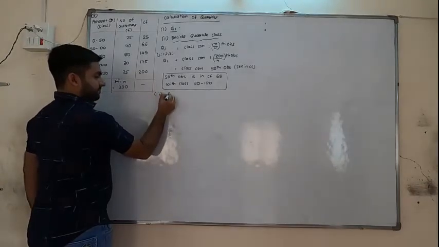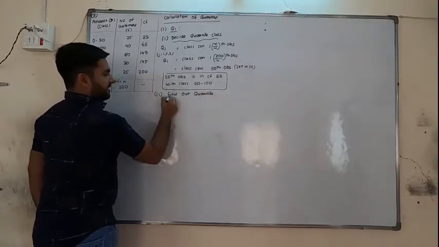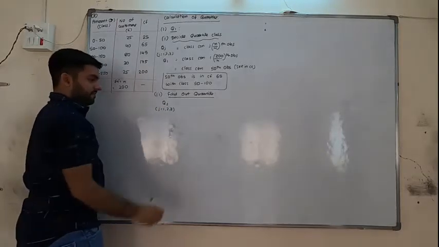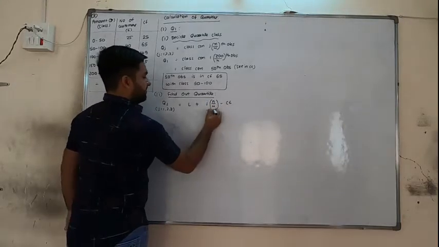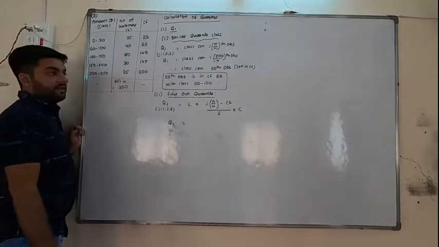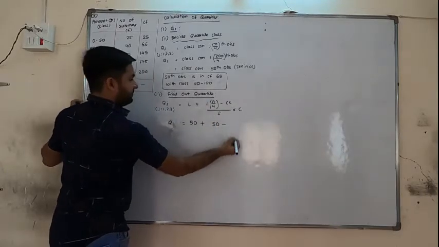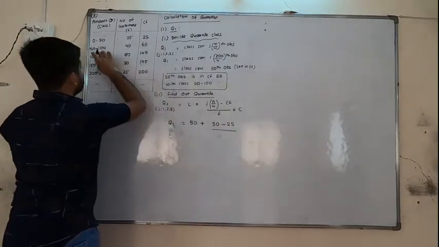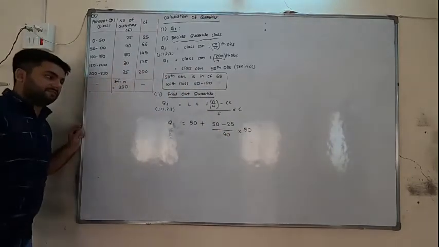Second step, find out quartile. Qj, j is 1, 2, 3, is equal to L plus (j n by 4 minus cf) upon f, multiplied by c. We need Q1. Lower boundary point L is 50, plus j n by 4 from the previous step is 50, minus cumulative frequency of the previous class, which is 25, upon frequency of the class decided, which is 40, multiplied by the class length, which is 50, because the difference is 50.